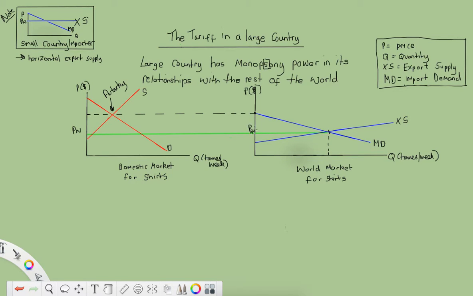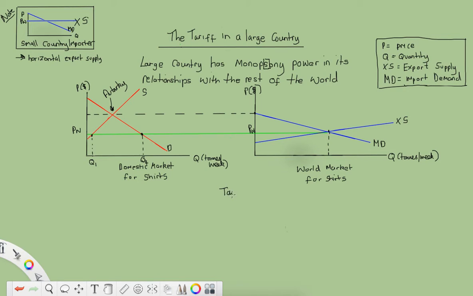We have a world price, and when we take that price over to the small country, you can see that at that world price, the desire to purchase this good exceeds the production in the domestic industry. So we have, say, Q4 demanded and Q1 supplied, and so then the gap, of course, is imports. And then the question is, well, what happens if we impose a tariff?